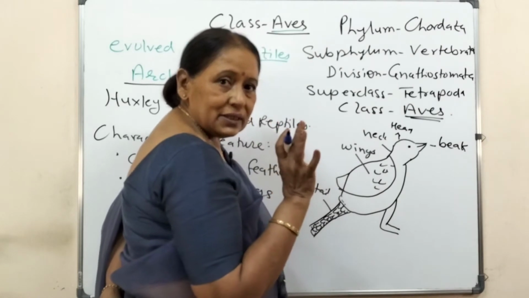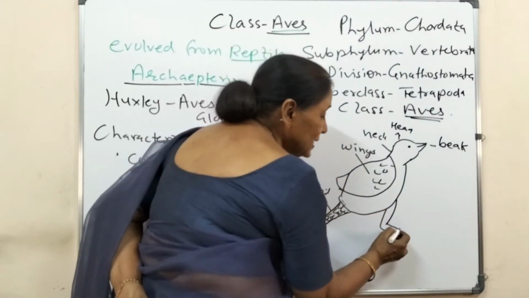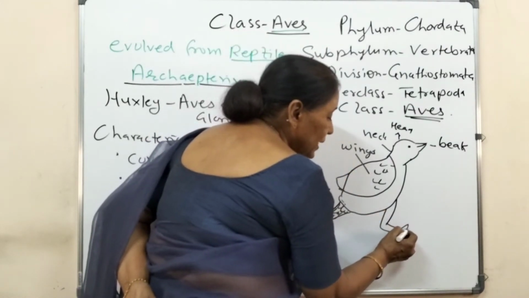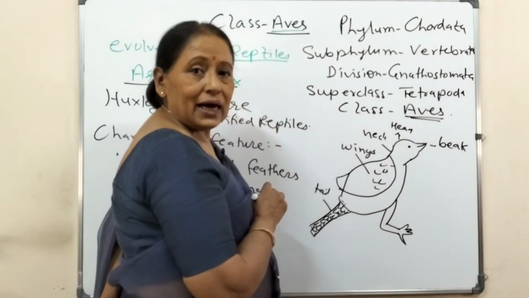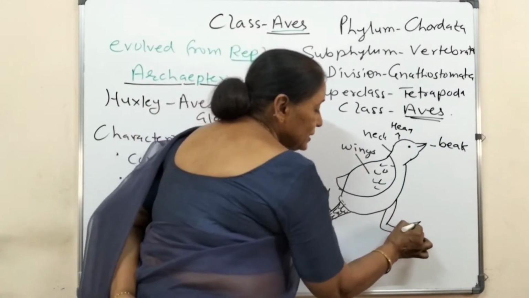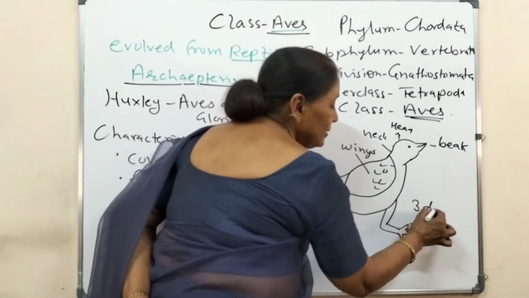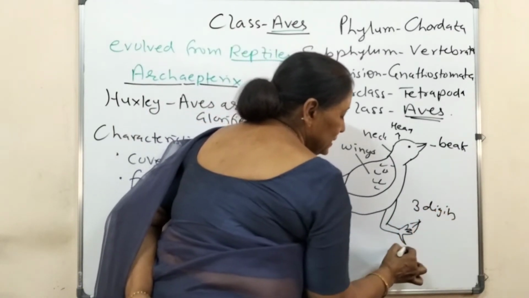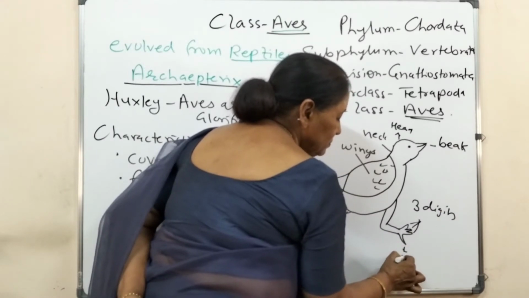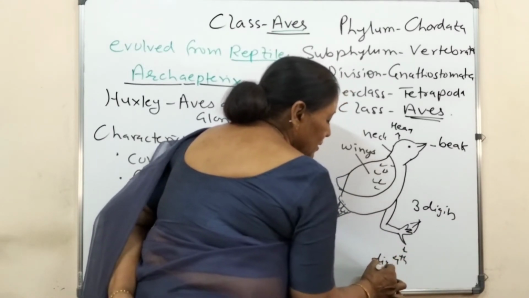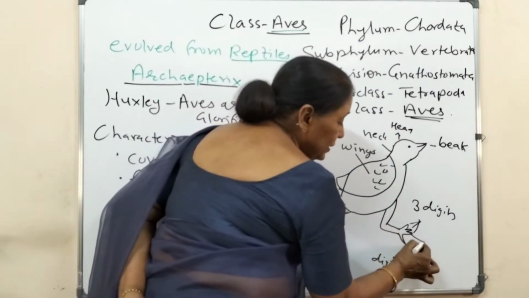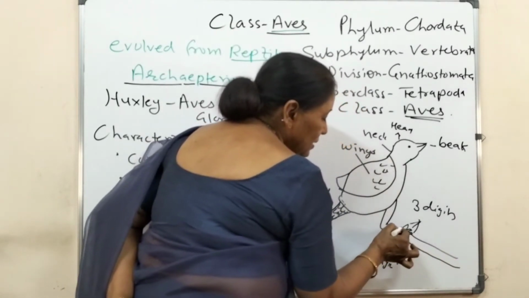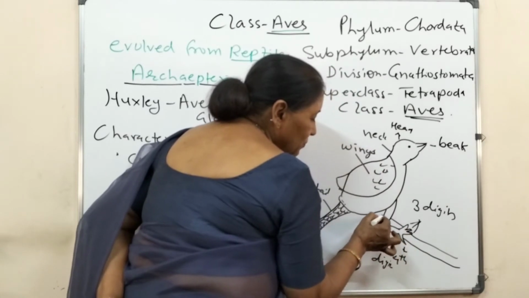It has 4 digits, and these 4 digits are grouped 3 plus 1. These are the 3 digits, and this is the single 4th digit. See the arrangement? So that it can very well get hold of a branch and sit nicely over it.